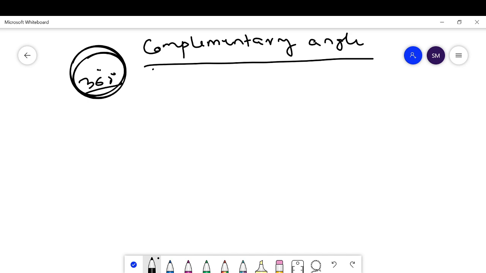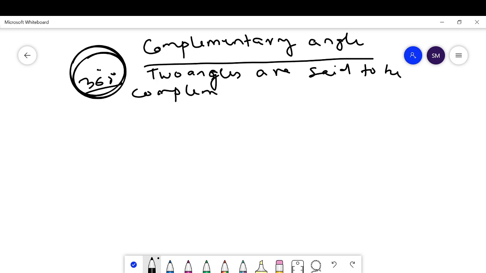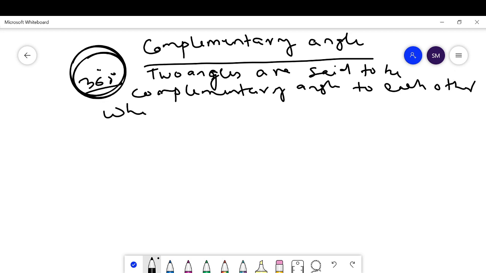Then complementary angle. Two angles are said to be complementary to each other when their sum is 90 degrees.